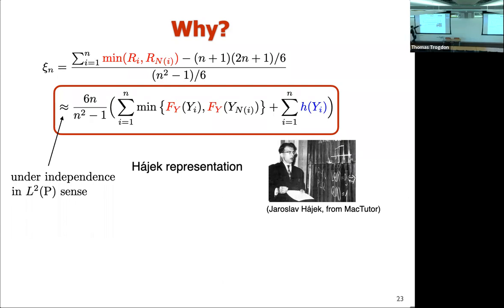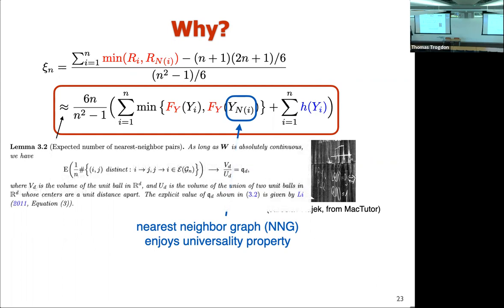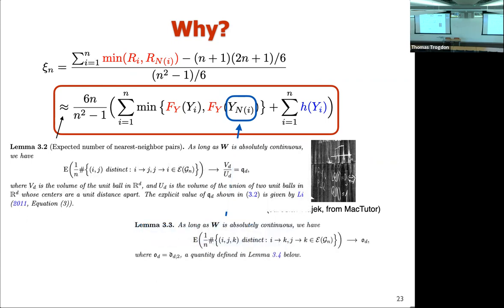Once this step is established, what you get is this statistic, and it is actually a nearest neighbor statistic. The nearest neighbor graph is very famous for its universality property. It's not a random matrix, but I believe very close. In particular, what we need is these two types of results about nearest neighbors. It is about the average number of edges that connect to each other.